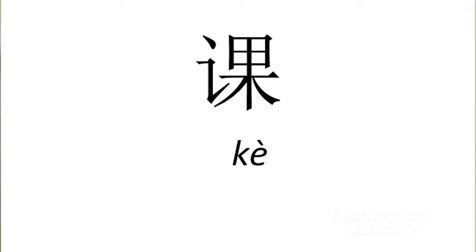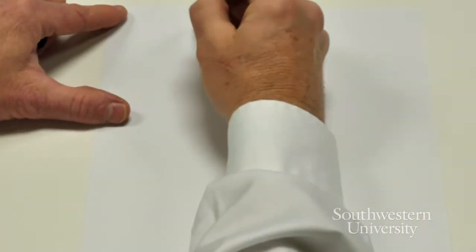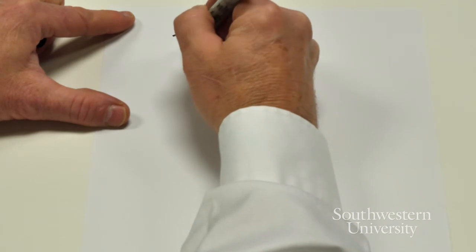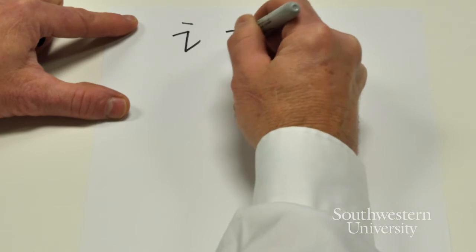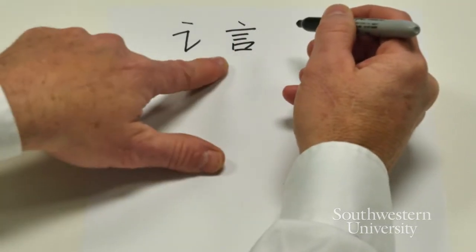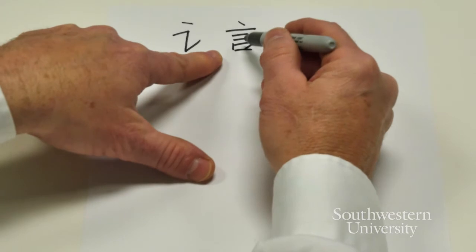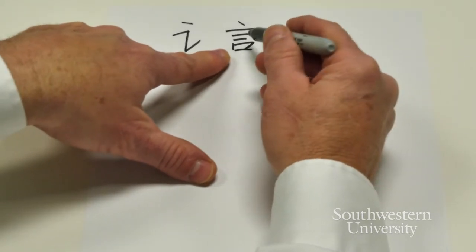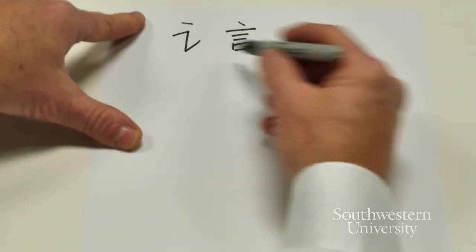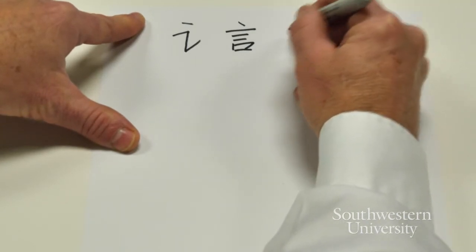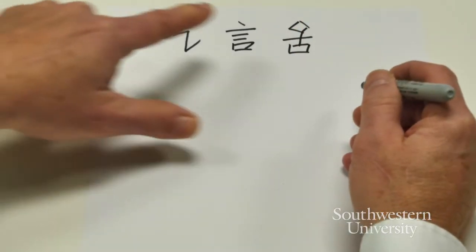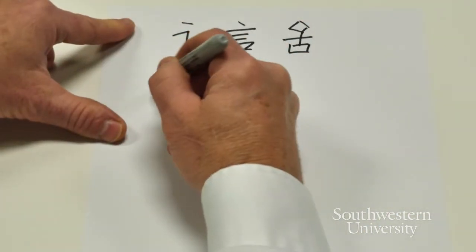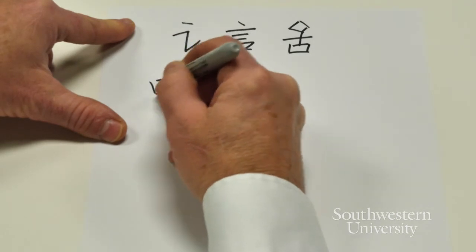The next character is ke, a lesson or one's lessons. So the radical is yen, which we've seen before. Depiction of this in traditional characters, or that is a character in itself in simplified form. To speak, or words, deriving from tongue, as we've seen before, the tongue sticking out of the mouth. And then the right-hand side, guo, is phonetic.